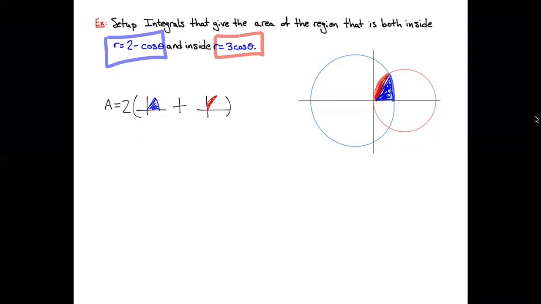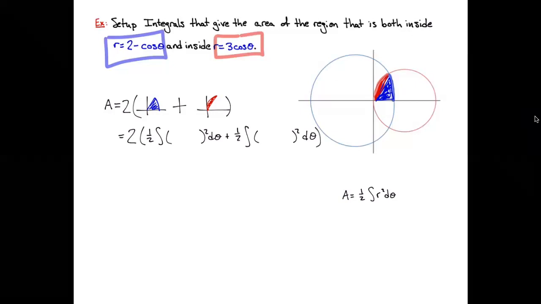Getting the next line started is pretty straightforward. It's just like building a Mad Lib to fill in later. We know polar area is 1/2 r squared d theta. And so this becomes 2 times 1/2 the integral of something squared d theta plus 1/2 times the integral of something squared d theta.